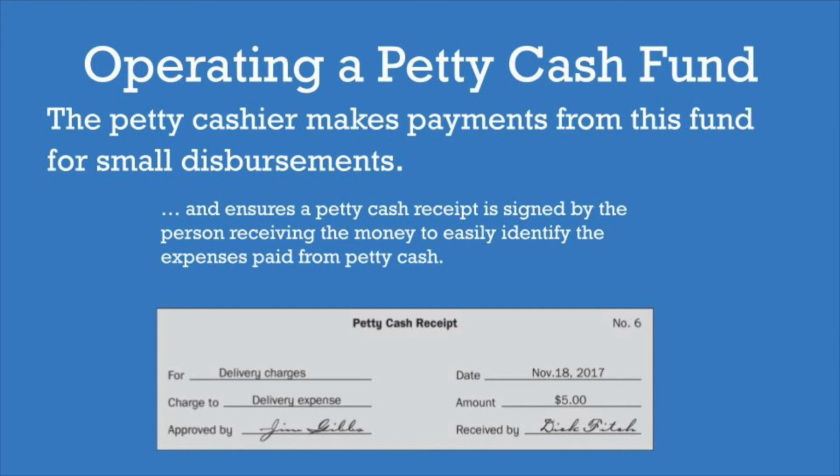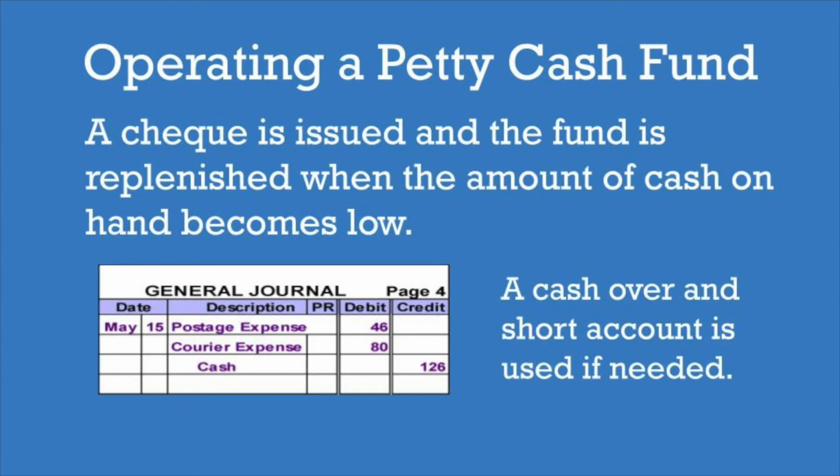In terms of operating a petty cash fund, the process is pretty straightforward. We saw originally that we put $150 in the can. Here's our little petty cash can, and as people come in and things get spent, we fill out what's called the petty cash receipt. When the money in the petty cash can is reduced to a really low level, we need to reimburse the can. How do we do that? Well, we create a journal entry based on the petty cash receipts.